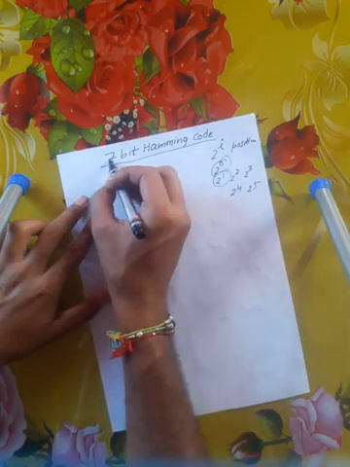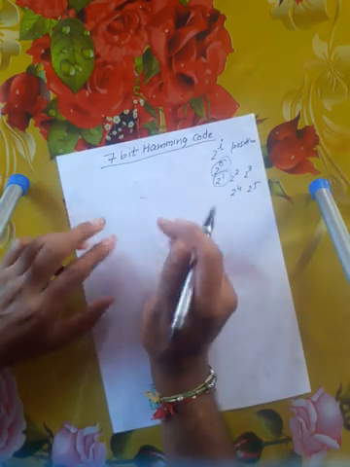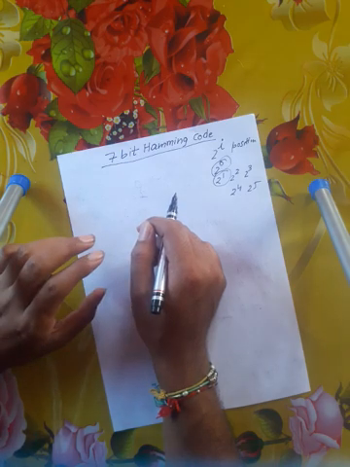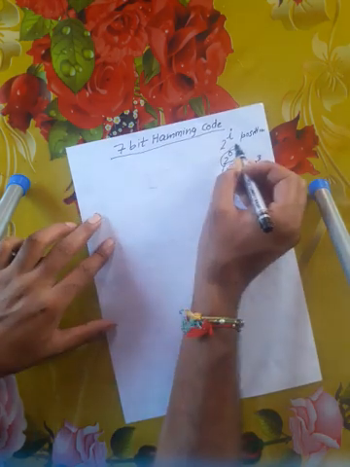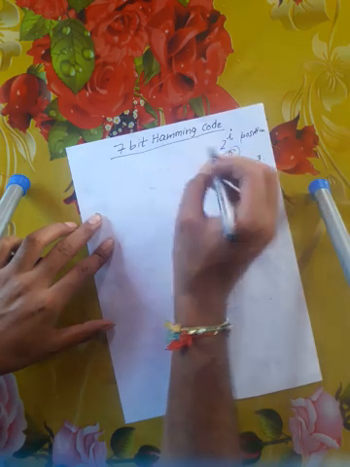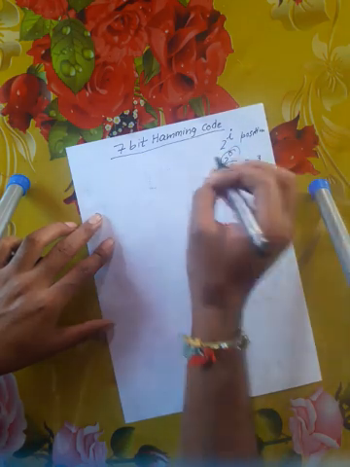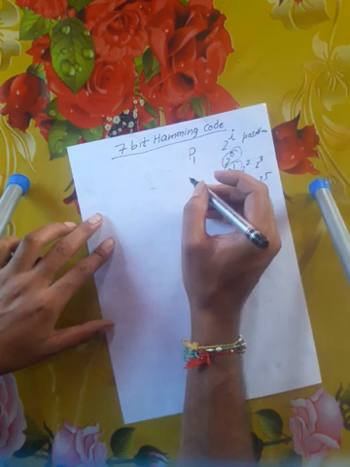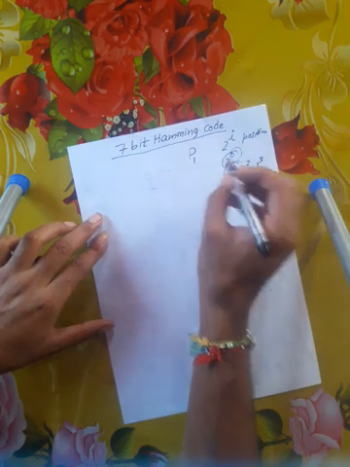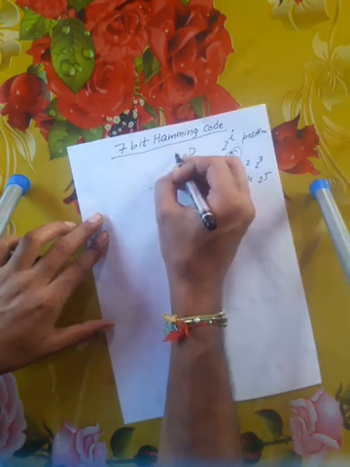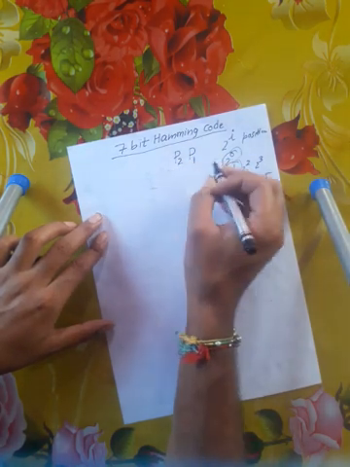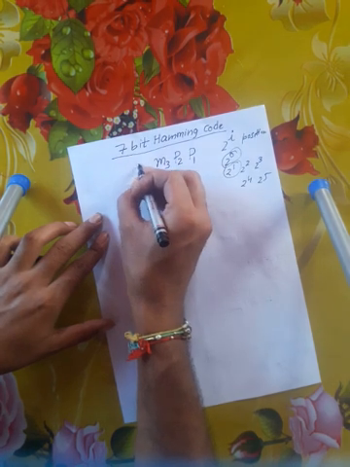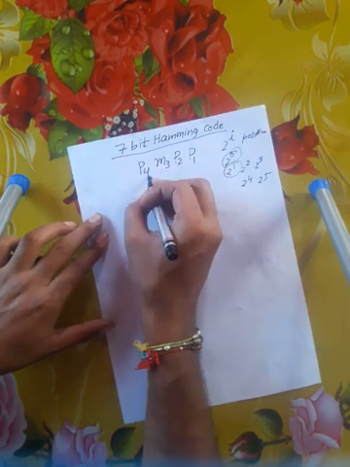Suppose we have to determine 7-bit Hamming code. In this, there will be 4 message bits and 3 parity bits. Now, just write down 2 to the power 0 is 1, so this will be P1. Next bit is the second bit, so 2 to the power 1, P2. Now M3. Next P4, because 2 to the power 2 is 4.